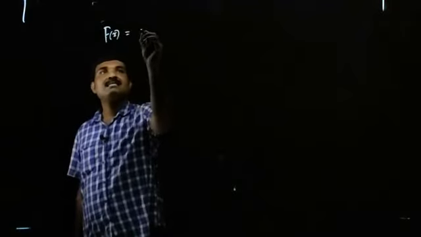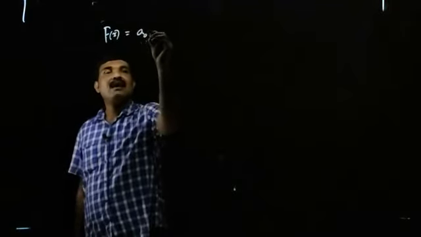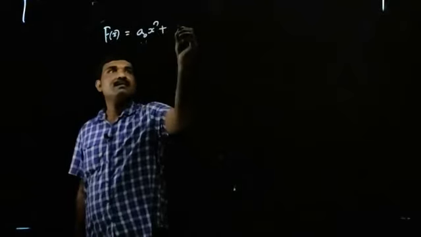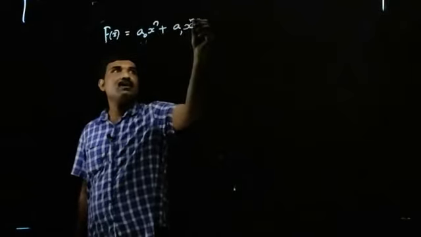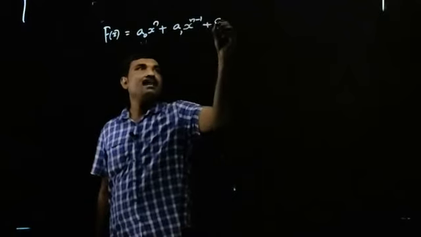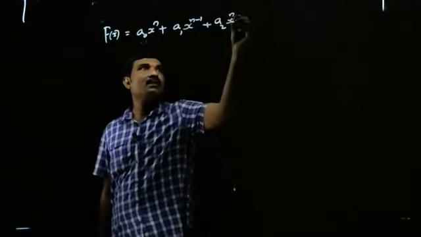So we can write a polynomial function f of x equal to a0 times x raised to n, plus a1 x raised to n minus 1, plus a2 x raised to n minus 2.